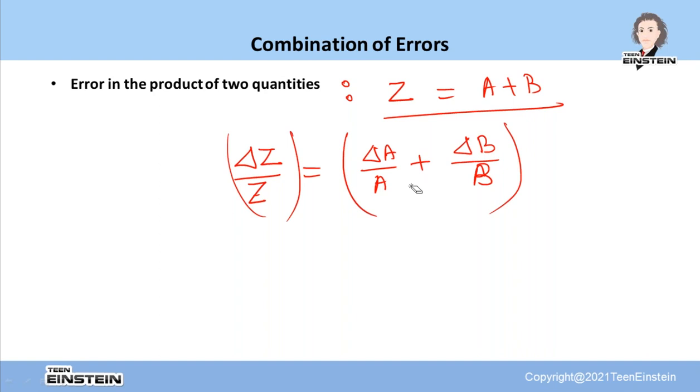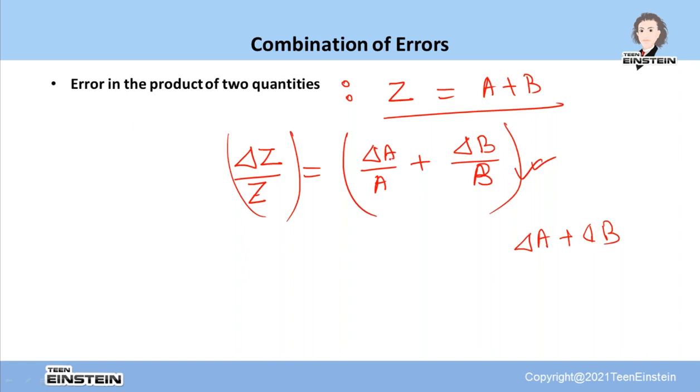But in case of summation, when we just added these two quantities, we had just taken the sum, delta a plus delta b. But here you have to get the fractional error.